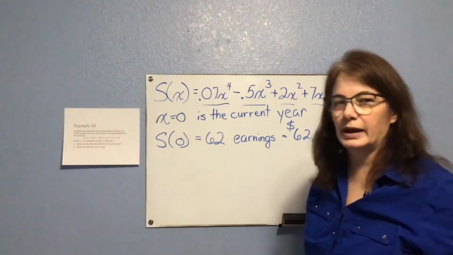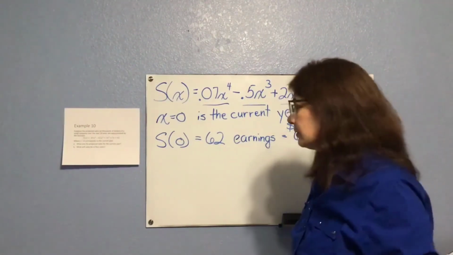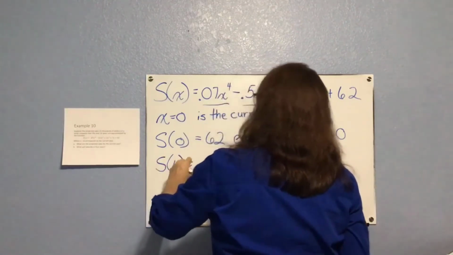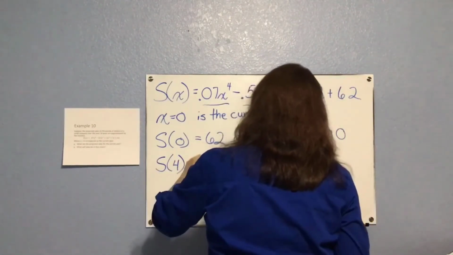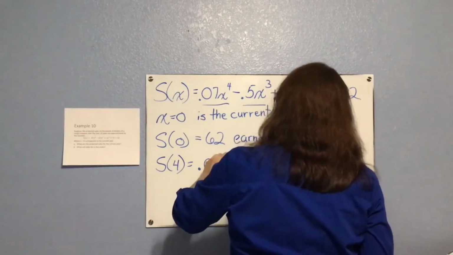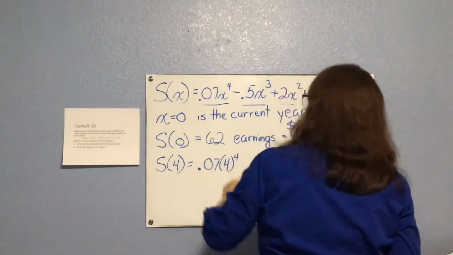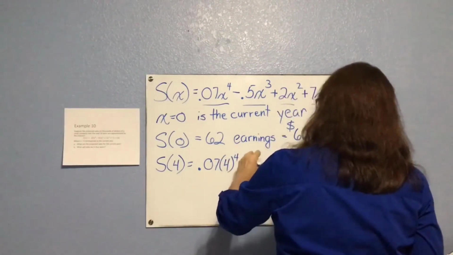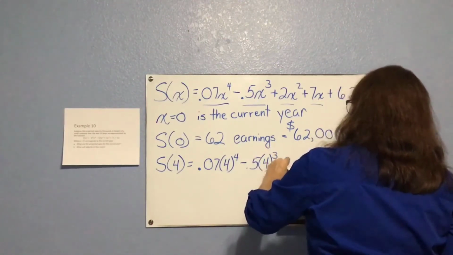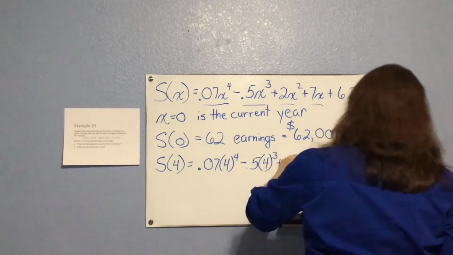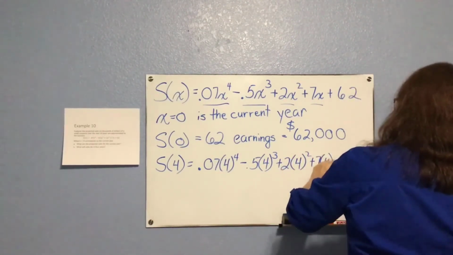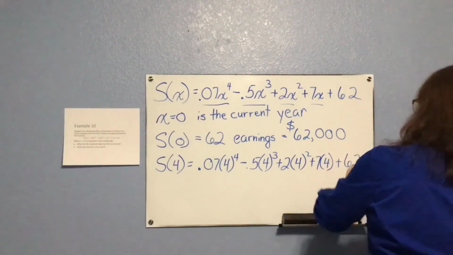Okay, now let's look at sales in 4 years. So now we want S of 4. So I've got 0.07 times 4 to the fourth minus 0.5 times 4 cubed plus 2 times 4 squared plus 7 times 4 plus 62.